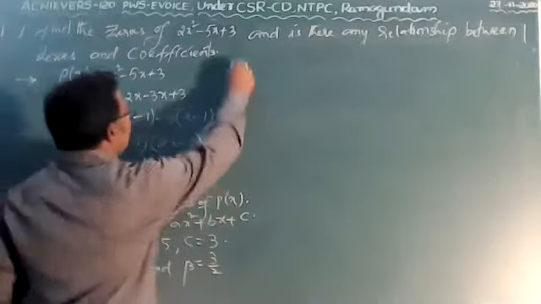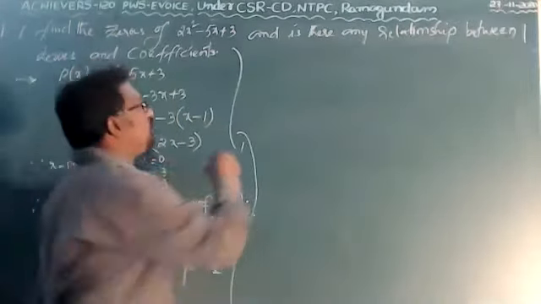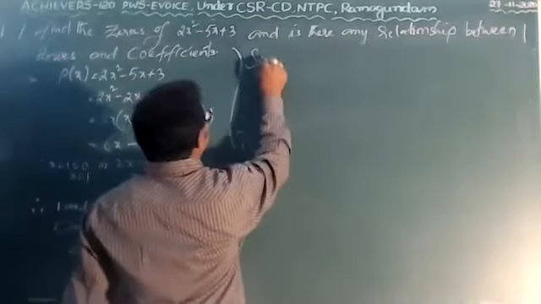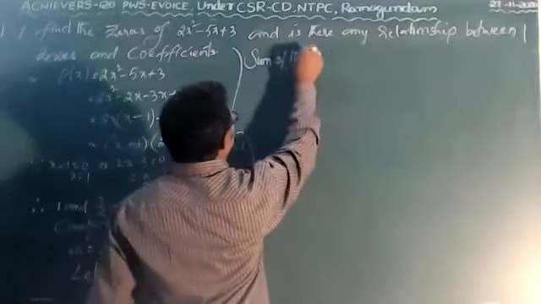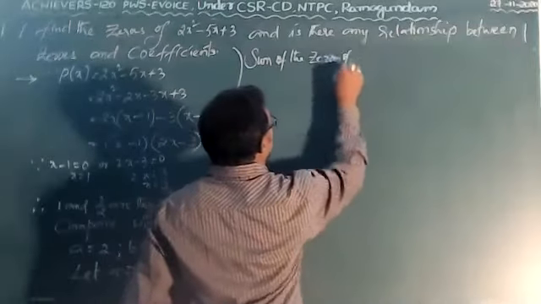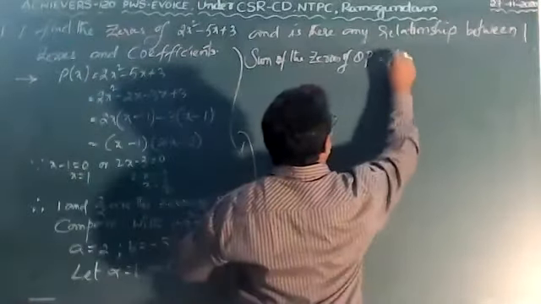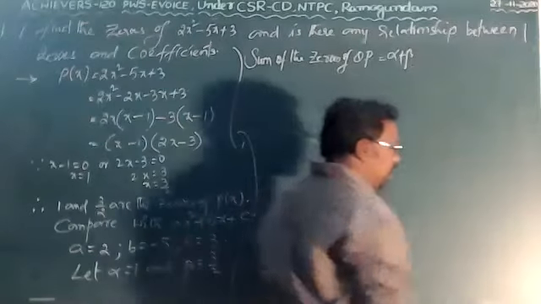Okay, children. Now what we have to do? Sum of the zeros of the quadratic polynomial. Sum means what? Alpha plus beta.